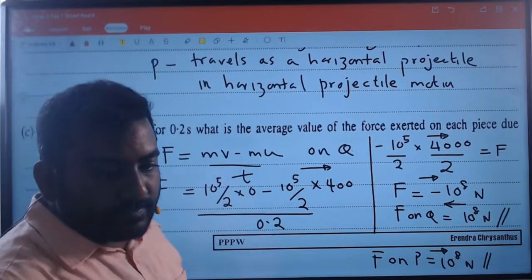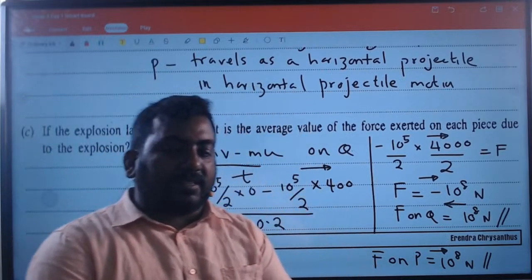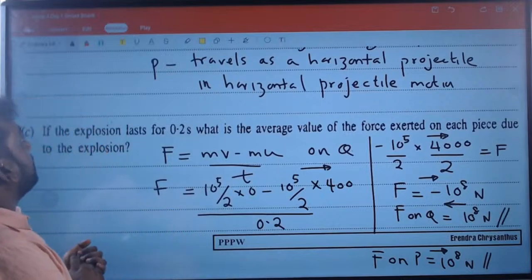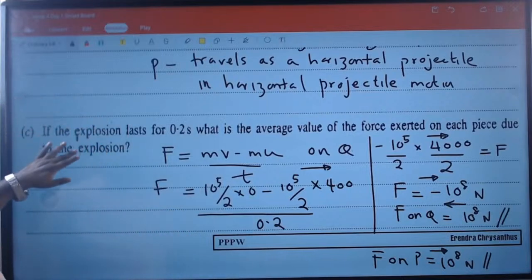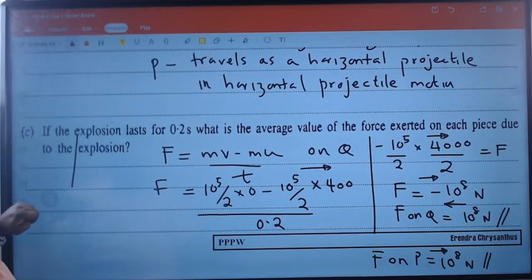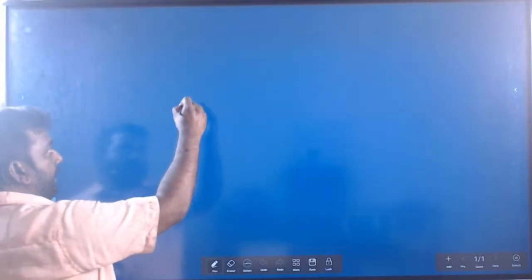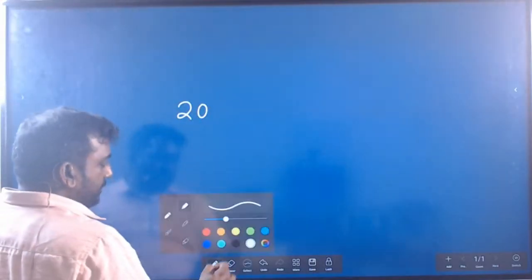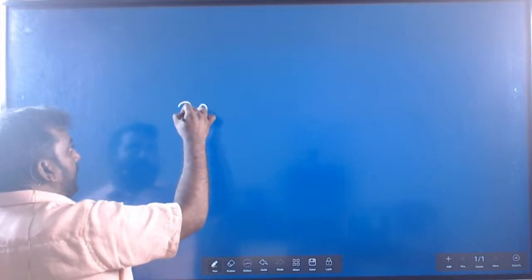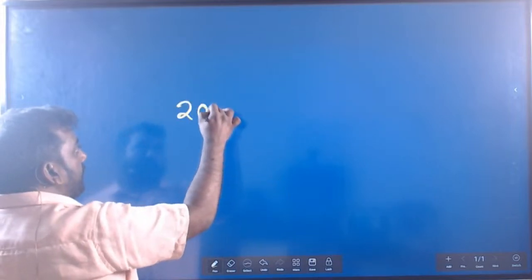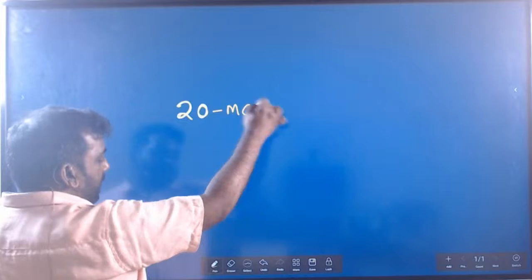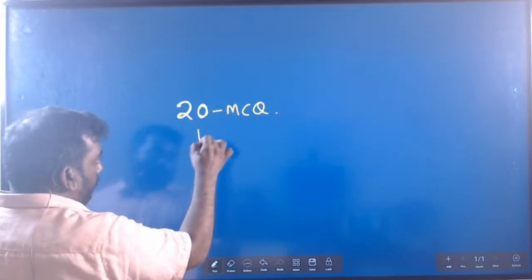So you can clearly see, today we have finished 20 MCQs and one structured essay.